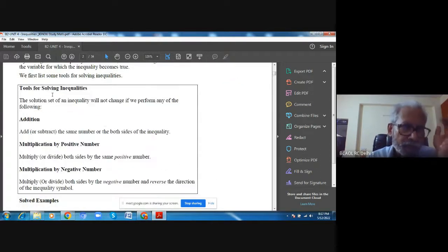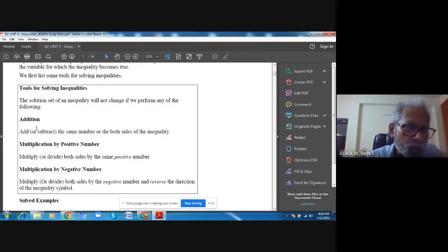So for that, how to solve it? Suppose inequality, there are some tips: addition, multiplication, and multiplication by a negative number versus a positive number. So this box is there. You have to remember these things. You have to try to read this box, what it actually gives.